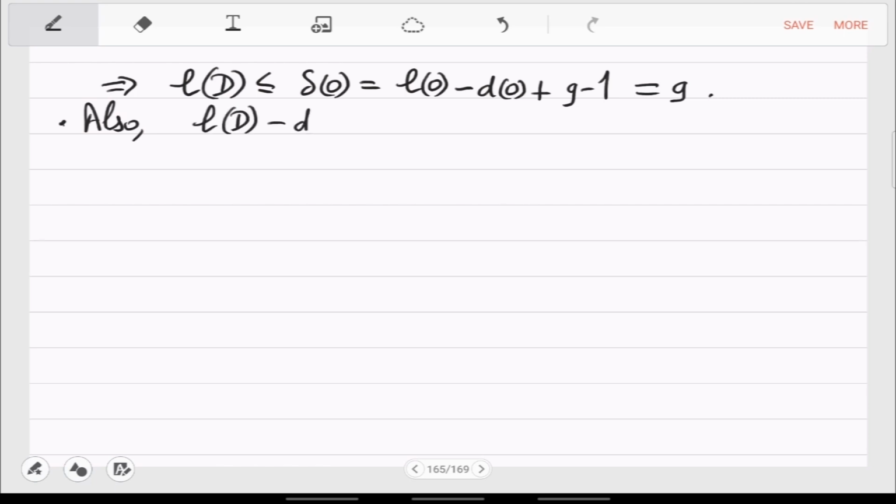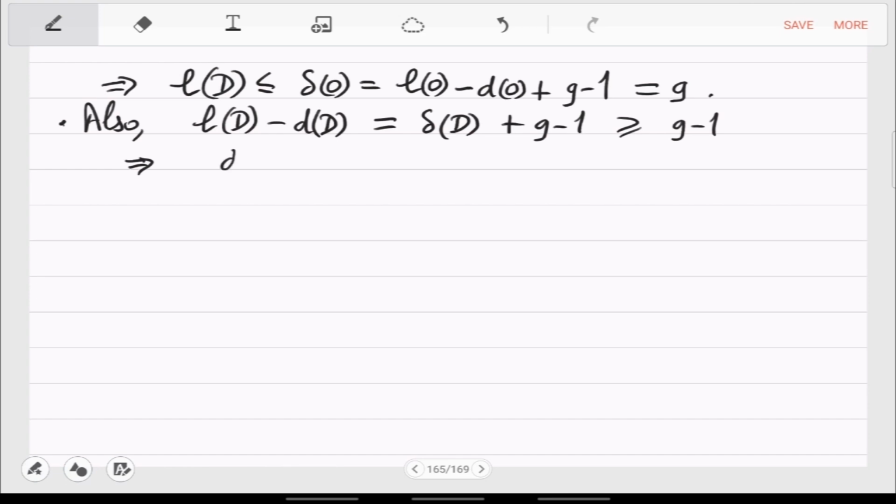So let's do this again for big D. Again, by the definition of delta D, you plug in L(D) and you get the degree. So wait, this is at least G minus 1.